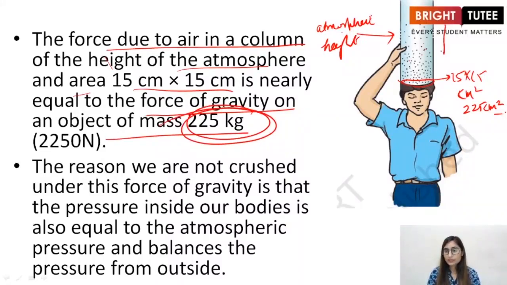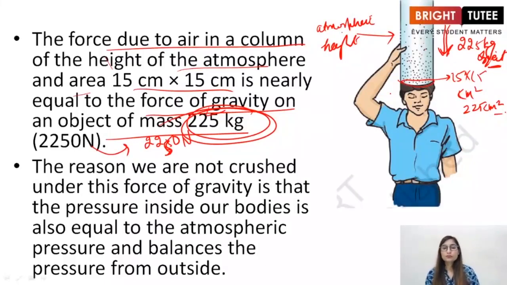Basically, the pressure exerted by this much air will be equal to the force of gravity on a 225 kg object. So the pressure is very, very large. The force acting on a body of 225 kg is equal to 2250 Newton, right? So this atmospheric pressure has a very high value.